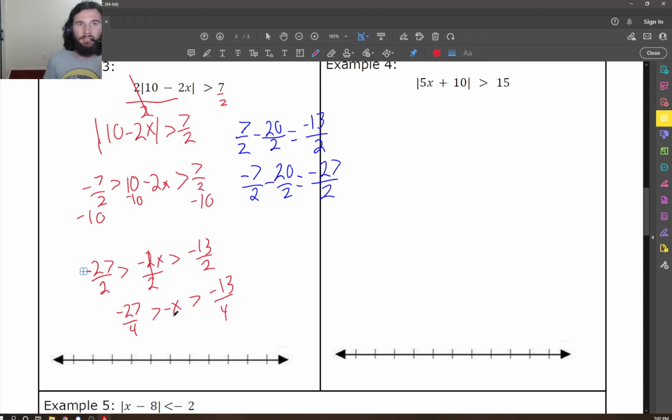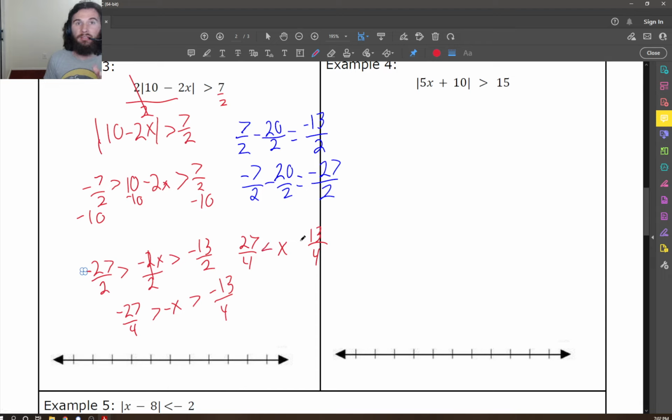And now I'm going to divide by the negative. And so what's going to happen here is we divide by the negative, so I have positive x and positive 27 over 4 and positive 13 over 4. But whenever you divide by a negative with inequalities, the inequality symbol flips as well.